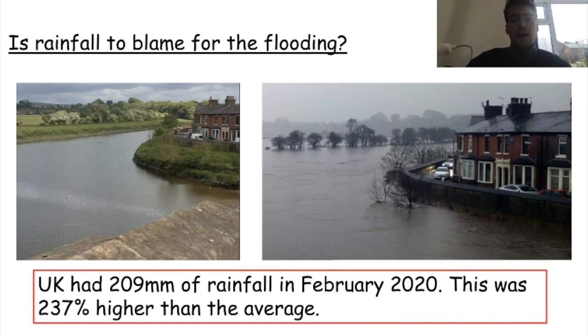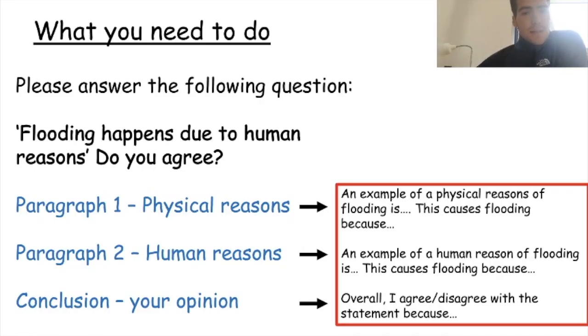But the question I want to ask you is, could those other factors have made the flooding worse? Could the agriculture, could the urbanisation, the steep slopes, the geology, could it have made the flooding worse than what it should have been? So the question and your task for this week's work is to answer this question. Flooding happens due to human reasons. Do you agree?